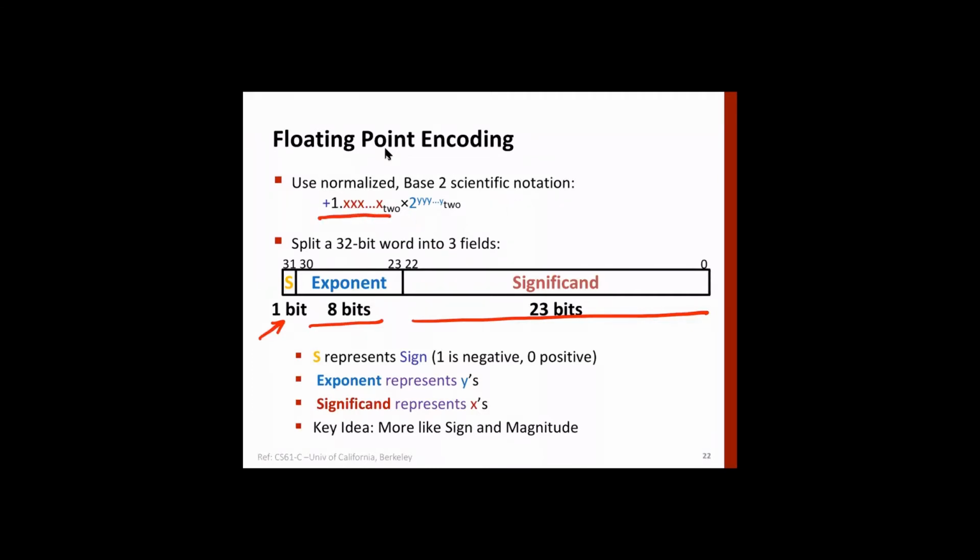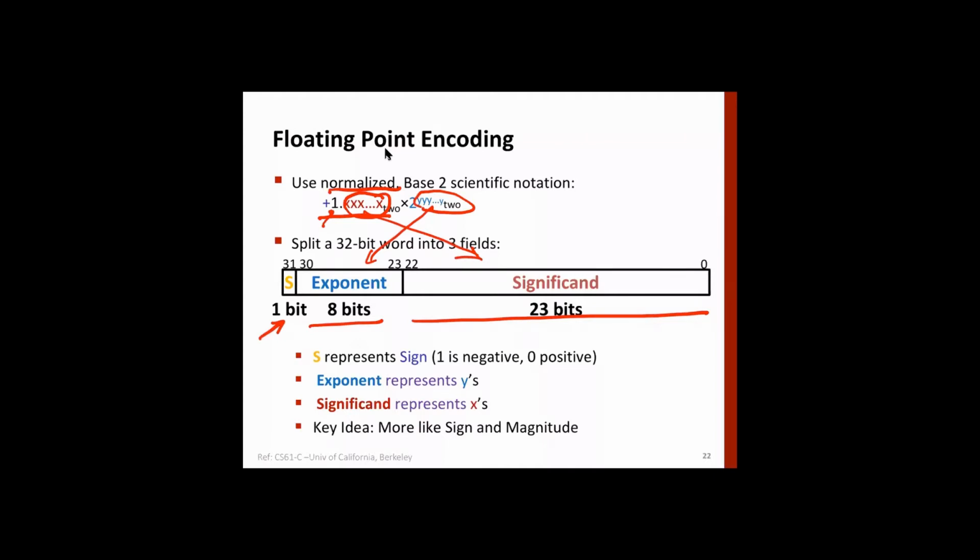Then the leading 1 is implicit, you don't have to code it, because in all normalized numbers it is 1. What we put as x here actually goes into the significand, and y goes into the exponent with the addition of some bias.